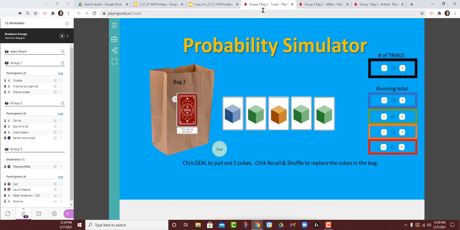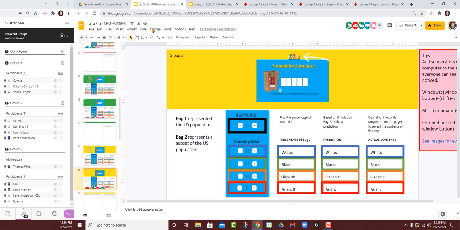Poor red. Well, that's easy to put the percent in for red. I know, right? All right, there's a screenshot. Okay.